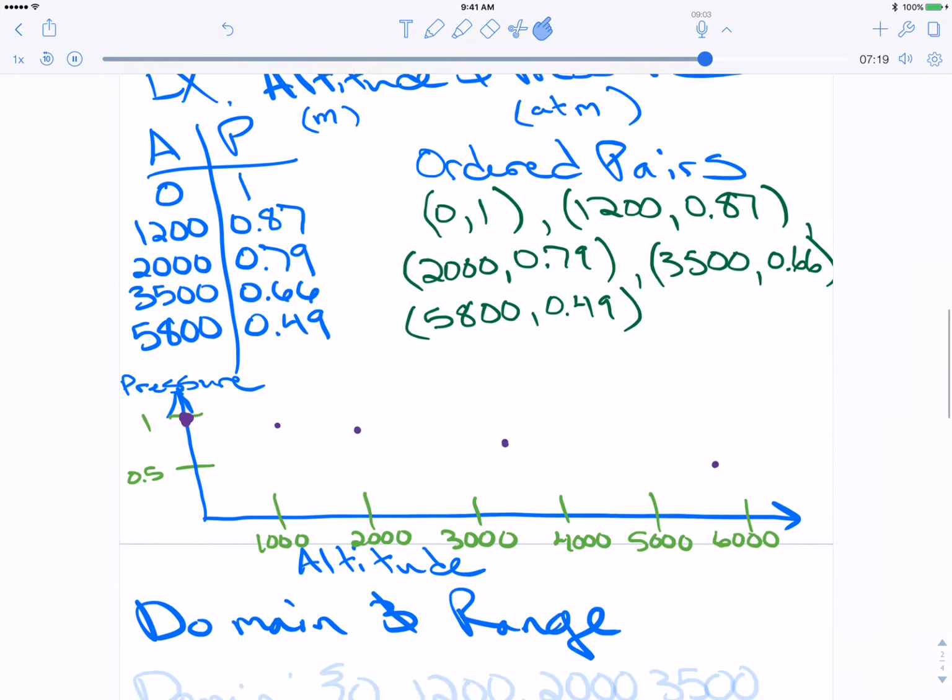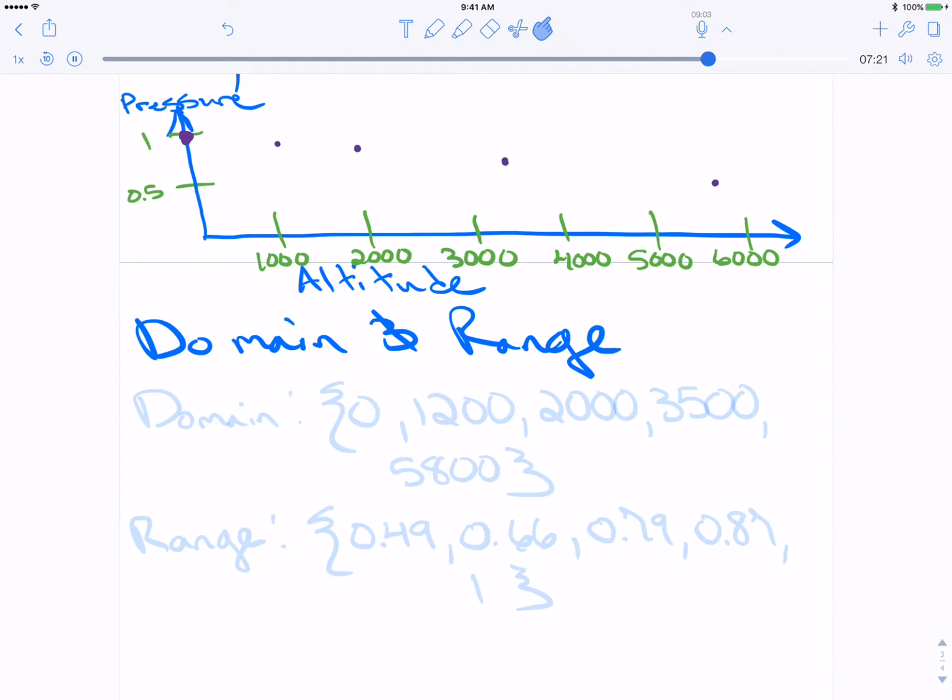The last thing we have to talk about is domain and range. Domain and range correspond to the values that we have in our table and in our ordered pairs here. Domain specifically relates to the values that are along our x-axis, or the values in the left column here, or the first entries of the ordered pairs. So our domain will be a list of those values.